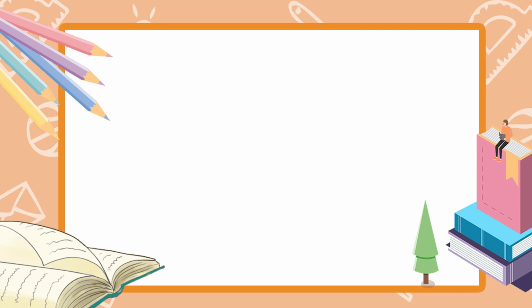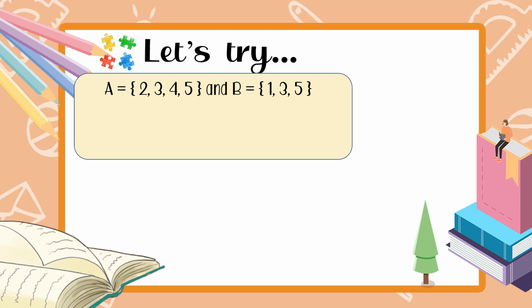Before we move on, let us try this. A with elements 2, 3, 4, 5, and B with elements 1, 3, and 5. What is A intersection B? Again, to get the intersection of the two sets, you have to get the common elements.